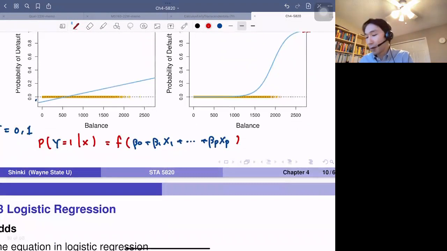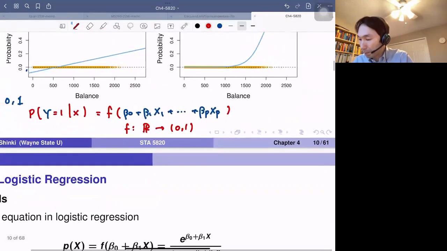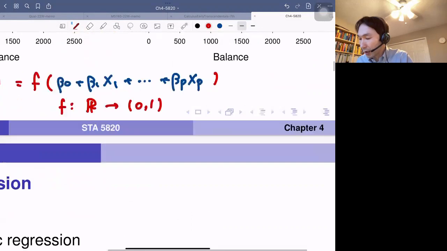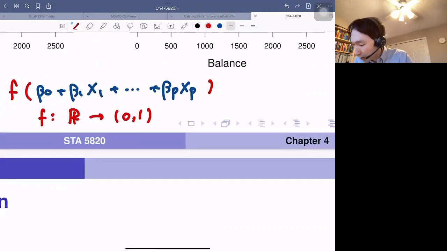I think f inverse is called the link function. The f is a map from real numbers to numbers between 0 and 1, and it is called the logistic function in this case. The exact form of f is f of x equals e to the power x over 1 plus e to the power x, or we can say 1 over 1 plus e to the power negative x.